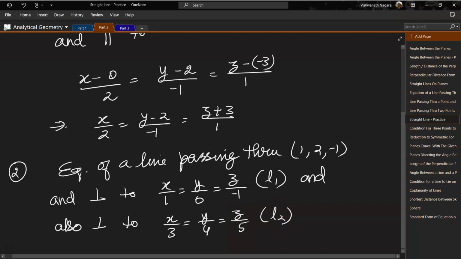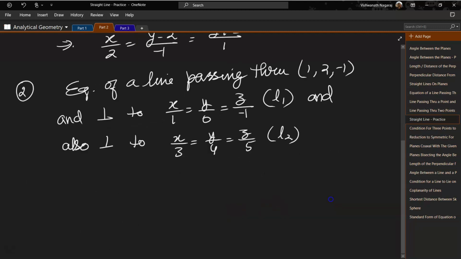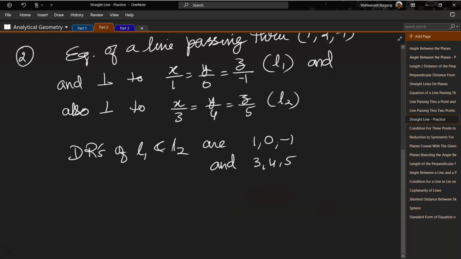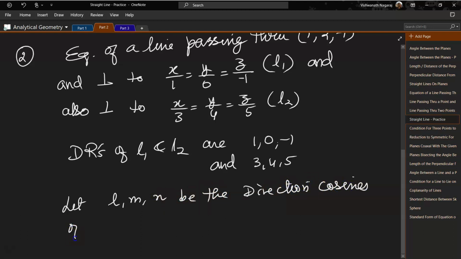Let us say this is L2. By looking at the equations of the lines, we know that the DRs of L1 and L2 are 1, 0, minus 1 and 3, 4, 5. Now let L, M and N be the direction cosines of the required line.